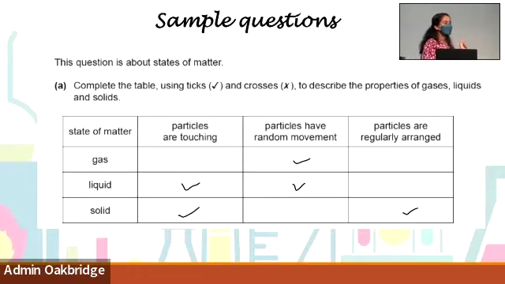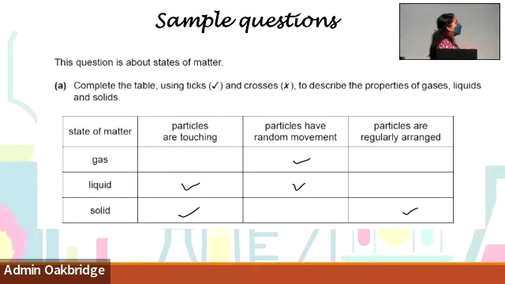So they are asking you to tackle their movement and also their arrangement. At first, you have to mention whether the particles will be touching or not. In gas, we obviously know the space is very much bigger and they won't touch each other. Second, in liquid, they will touch, but the space will be very minute. Third, in solid, they will be touching, very closely packed together.